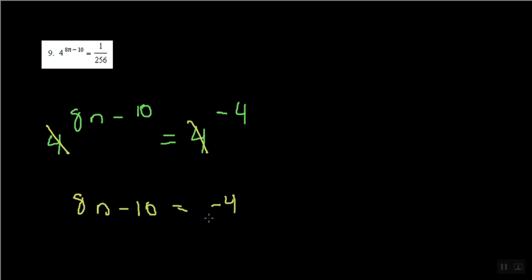So I'm fairly certain that you Algebra 2 students know how to do this. 8n equals 6, and therefore n equals 6 over 8, or 3 over 4. And I hope that's helpful.